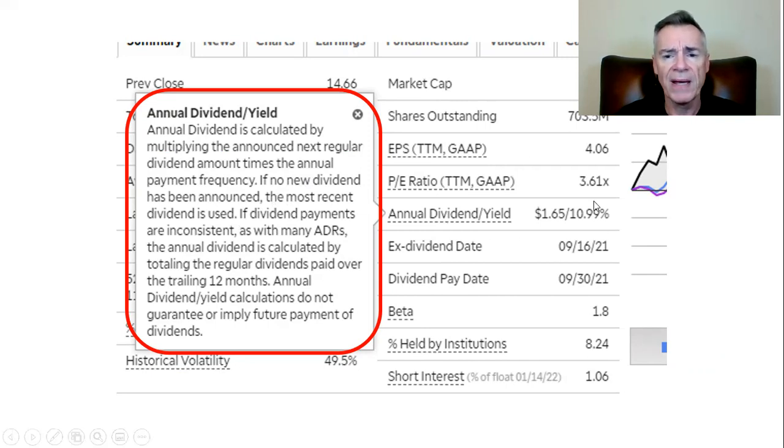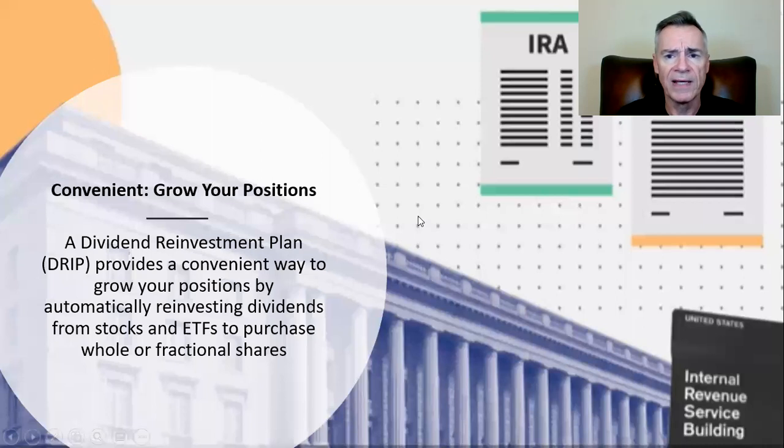In other words, Sibanye paid $1.65 over the TTM, which is the trailing 12 months, and therefore its dividend currently, based on a $15 stock price, is approximately 10.99 or otherwise 11%. Dividend yield calculations do not guarantee or imply future payment of dividends because we don't know what will happen in the future.